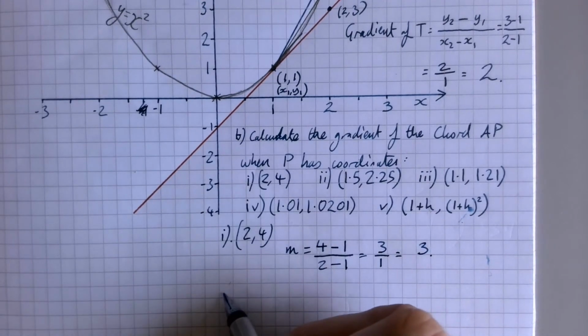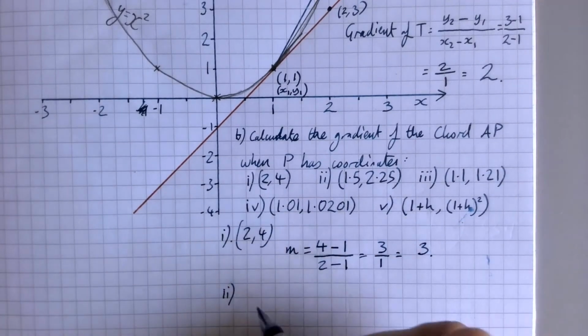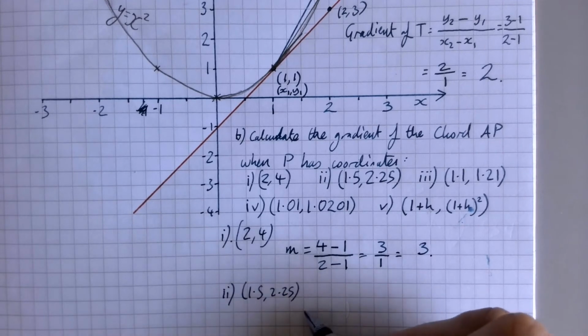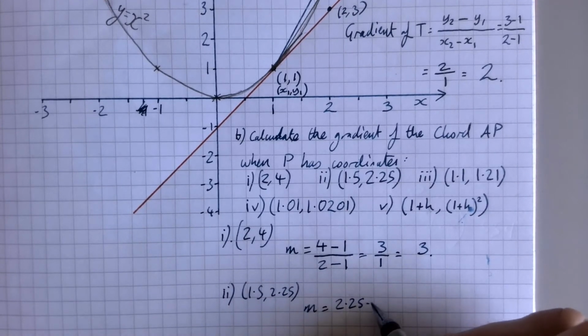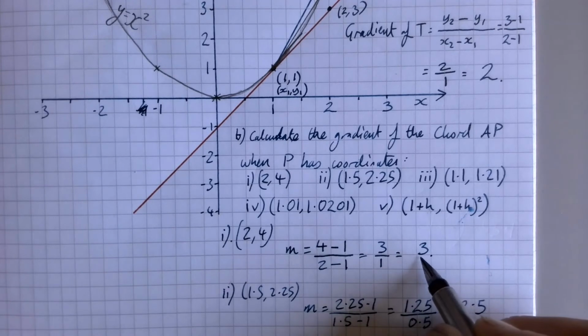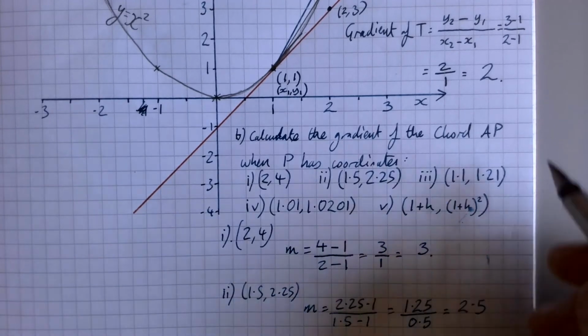Then we move on to 1.5, 2.25, and the gradient this time will be 2.25 take 1 over 1.5 take 1, which gives us 1.25 over 0.5. When I divide by a half, it doubles, so that's going to give me a gradient of 2.5. So it started at 3, it's come down to 2.5.